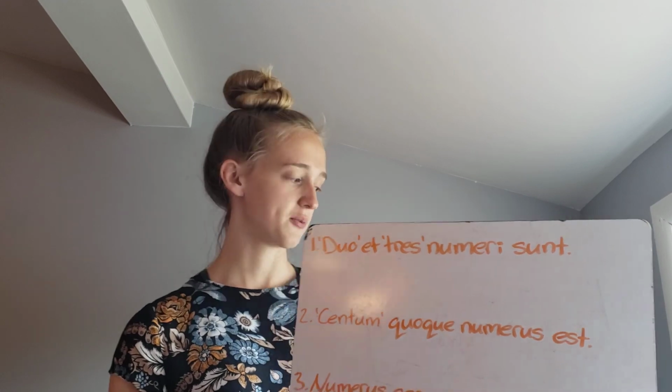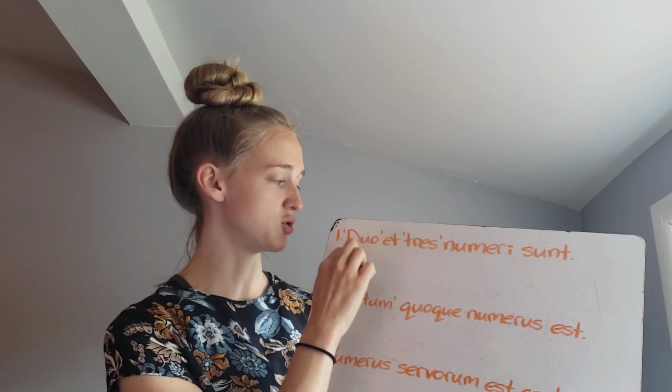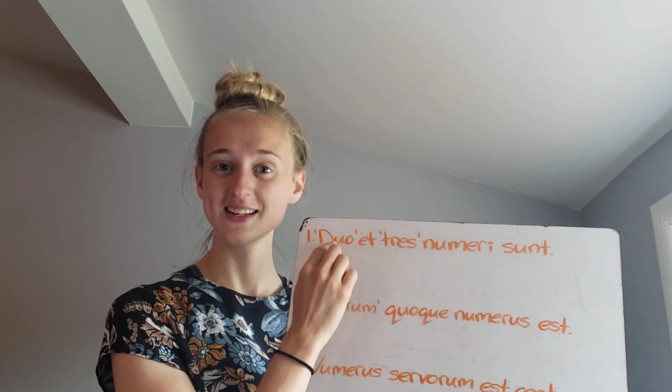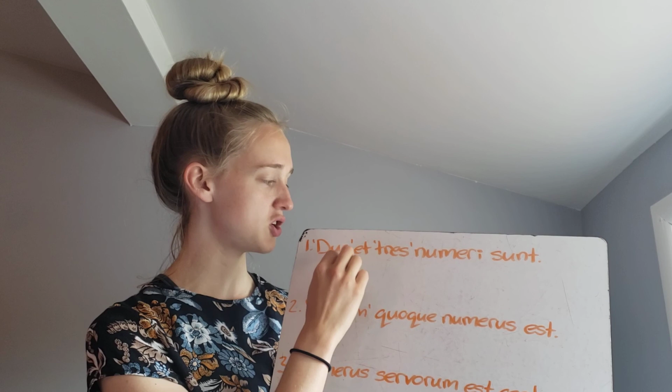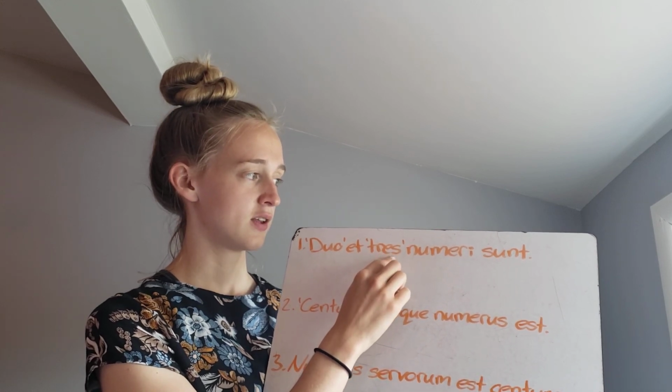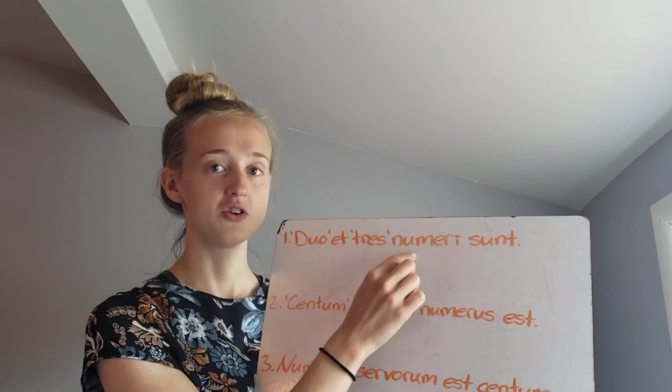What do you notice here? Well, we notice 2 of the words we reviewed today. Duo, meaning what? 2, that's right, and tres meaning 3. So we have 2 and 3. We're going to jump to our verb here. Sunt, are, numeri, numbers. 2 and 3 are numbers.